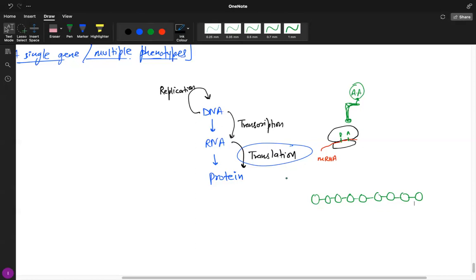A protein is a long chain of amino acids bound to each other through peptide bond. Write it down. A protein is a long chain of amino acids. So amino acids are the building blocks of protein. So this one line we remember, we mug up, but we don't understand what it means.